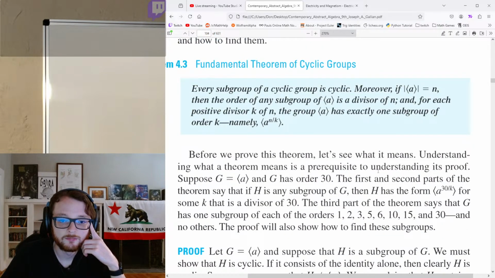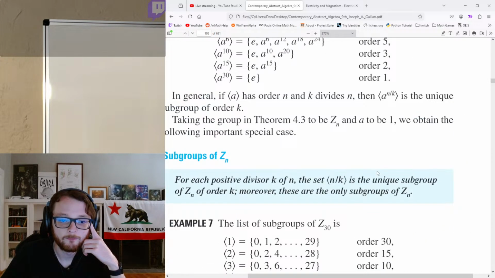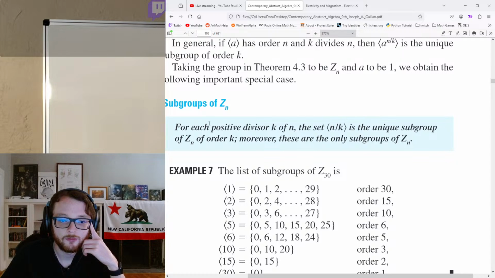I don't know, but I feel pretty confident that we have 4 things of order 10. Oh, is it this? No, I don't think so.